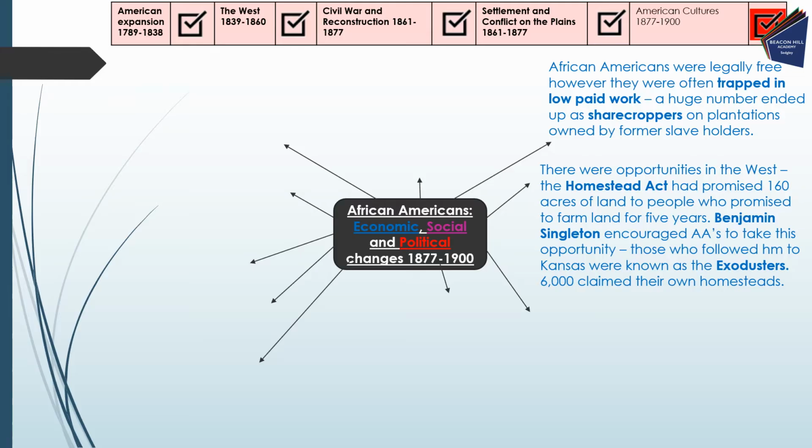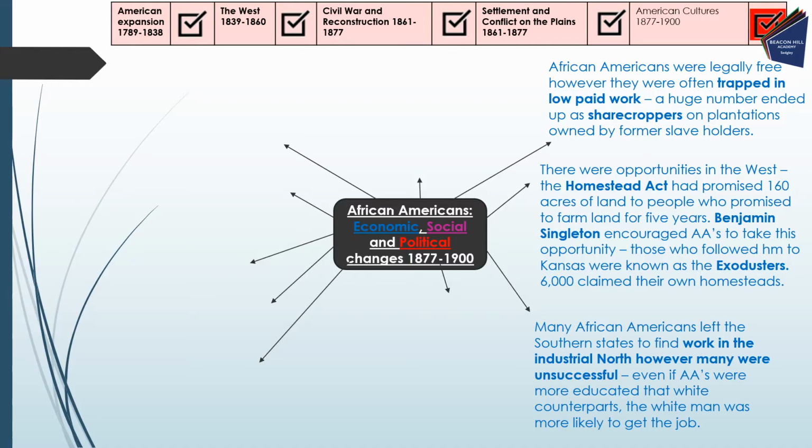So this is a positive economic move for African Americans. Those of us going for 7s, 8s and 9s, again, you would need to know what the Homestead Act was, but you'd also need to know the name, the Exodusters. So please make sure that you are aware of that group who followed Benjamin Singleton to Kansas to claim their right to homesteads.